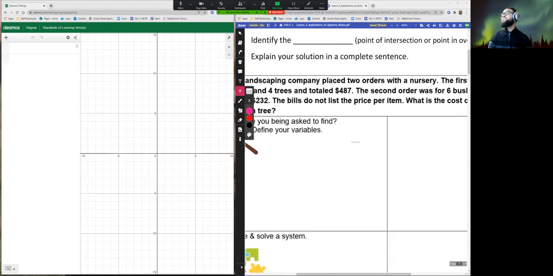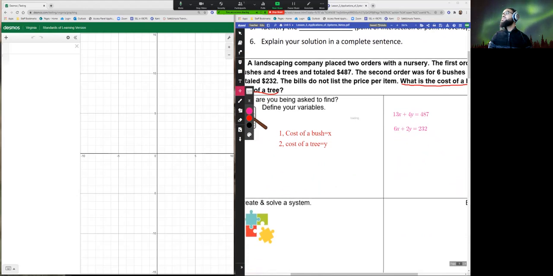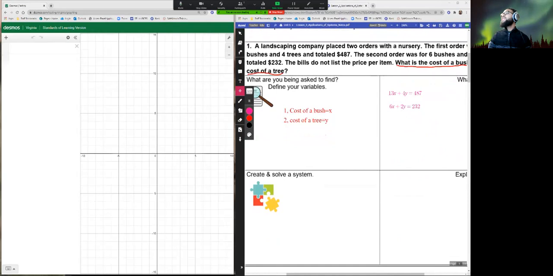Let me zoom out a little bit so I can get the entire thing on the screen. All right, so we read the question and we have 2 orders. That's kind of where the system comes from because we have more than one equation. In these orders, we have bushes and trees.